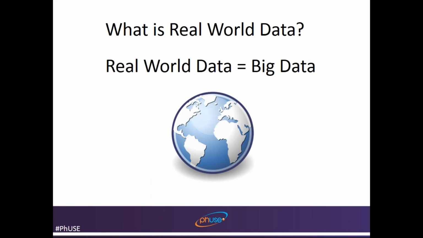Well, real world data equals big data, and big data is basically a large amount of unstructured or structured data. I'm going to give you a few examples of how we can utilize real world data.